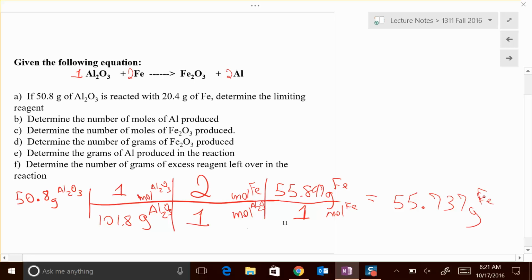Okay, so if I have 50.8 grams of Al2O3, I need 55.737 grams of iron. Okay, so which is my limiting reactant? Iron, definitely, right? I only have 20.4 grams of iron. I need 55.737. So that means iron is limiting, and Al2O3 is in excess. Okay? So, next question.